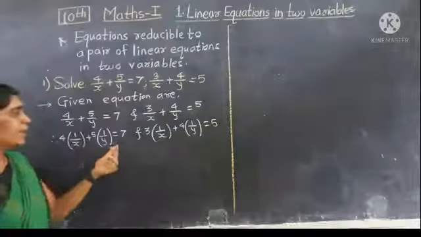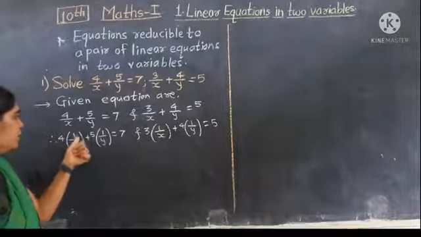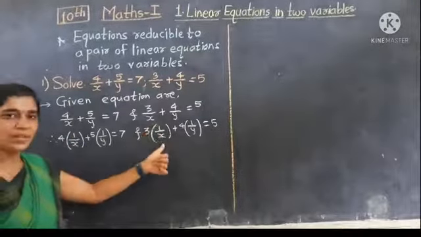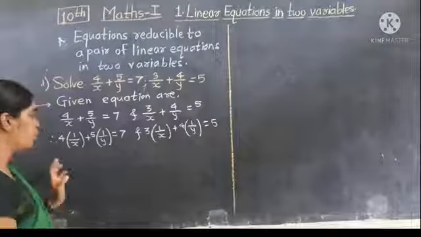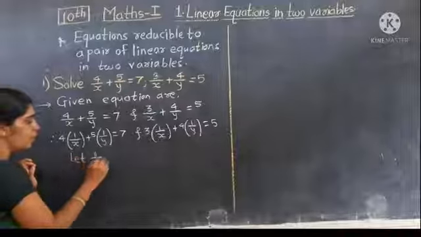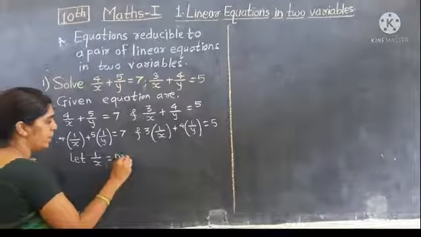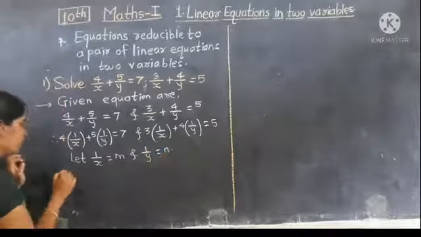Why do I do it like this? Because here remains 1 upon x, here also remains 1 upon x. Here remains 1 upon y, here also remains 1 upon y. Therefore let 1 upon x is equal to m and 1 upon y is equal to n.